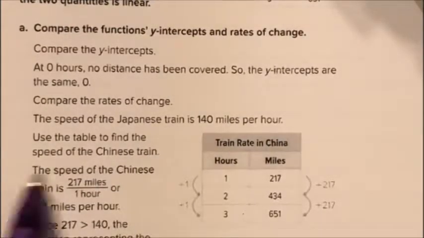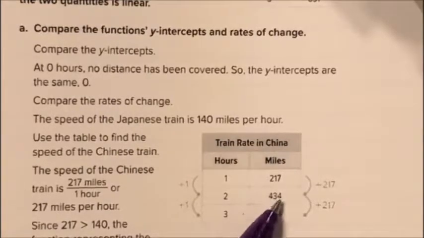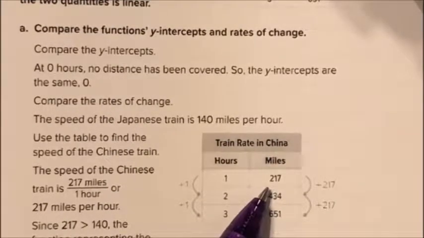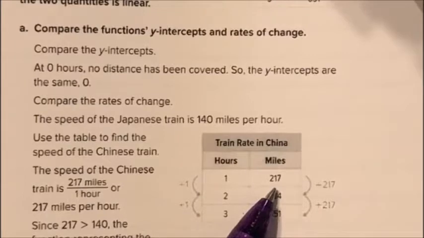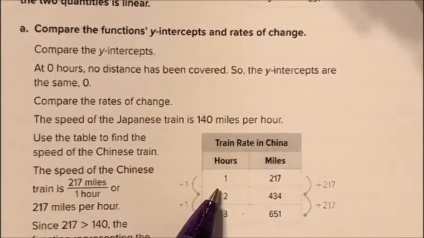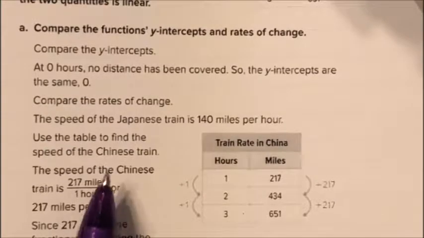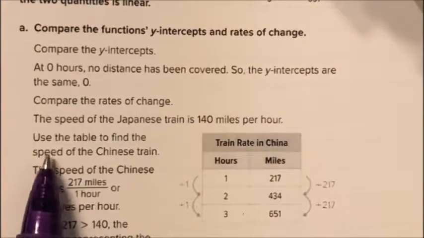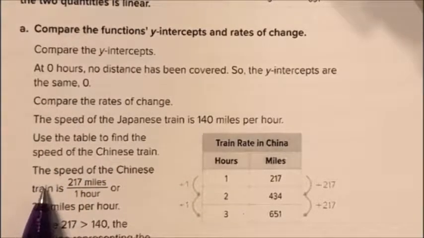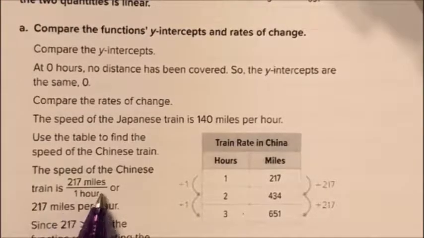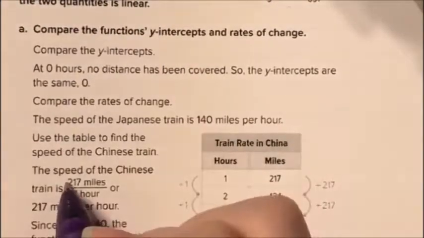Use the table to find the speed of the Chinese train. Well, I can figure out that the Chinese train goes 217 per hour. Okay? Every time I go up by 217. The speed of the Chinese train is 217 miles per hour.